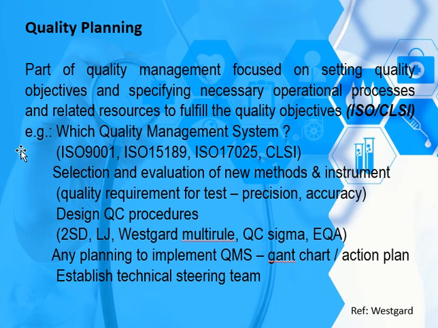There are many QMS outside which they can choose according to their needs, and they also need to do the selection and evaluation of new methods and instruments, and design the QC procedure, whether they just want to use simple plus minus SD, or they want to incorporate the Levey-Jennings, Westgard material, or they want to incorporate the new kind of monitoring the QC, which is QC Six Sigma, and also include the EQA.